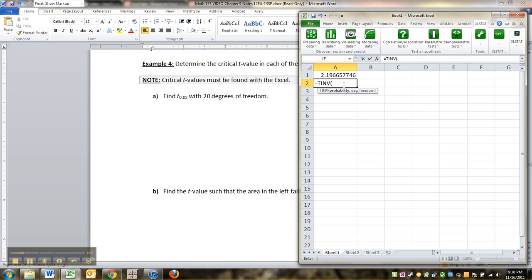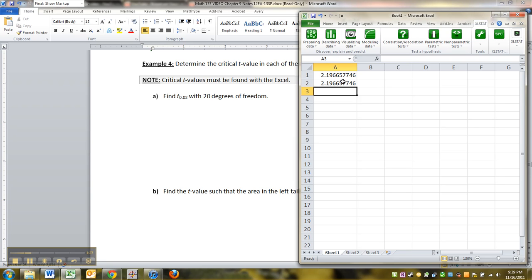So T inverse needs the two-tailed probability, which is really funky. What you need to think is, you can do it a couple ways, but you basically say, okay, if it's 0.02 in the right tail, then it's also 0.02 in the left tail, right? So that means it's 0.04 altogether, and 20. Weird, isn't it?